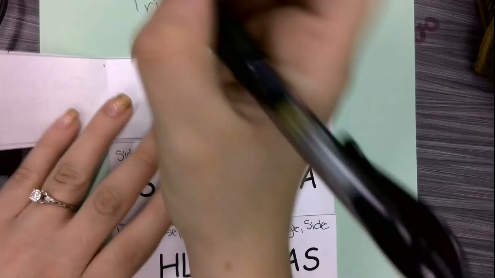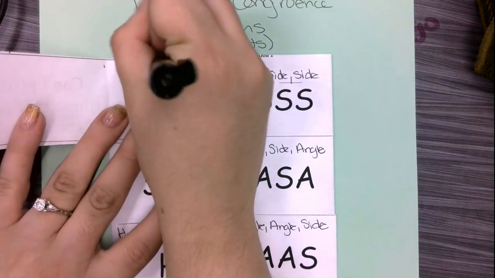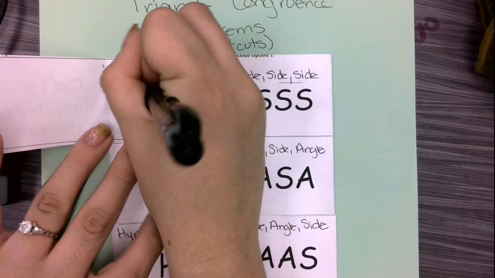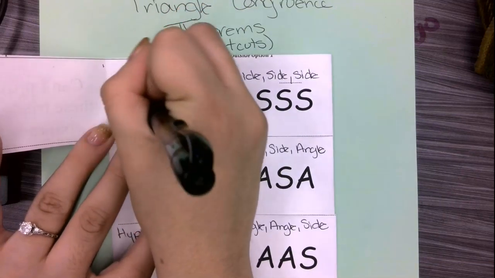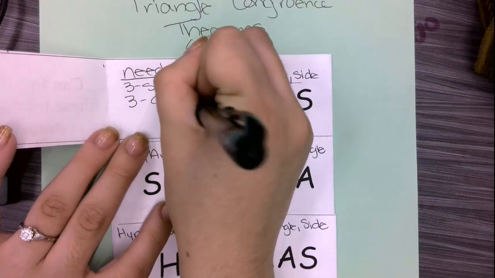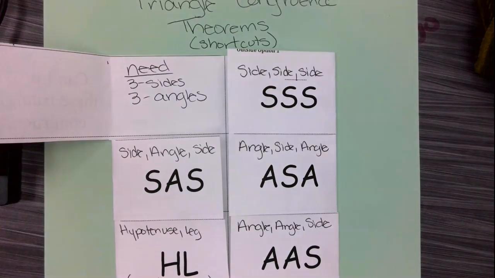Inside I want to write I need three sides and three angles. Okay?